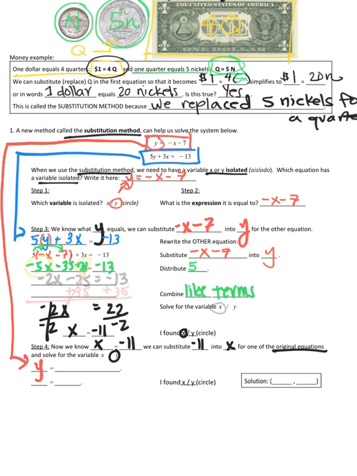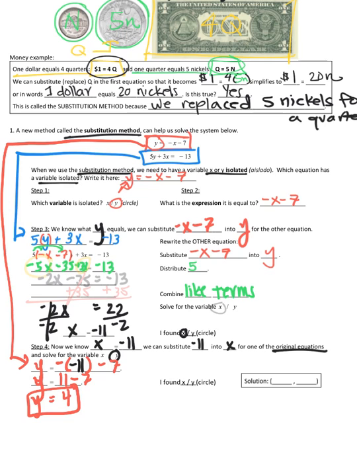Y equals negative x, but I'm not going to write x because I know what x is, minus 7. I know x is negative 11. So now we're going to continue to simplify that out. Y is equal to 11 minus 7, which is 4.